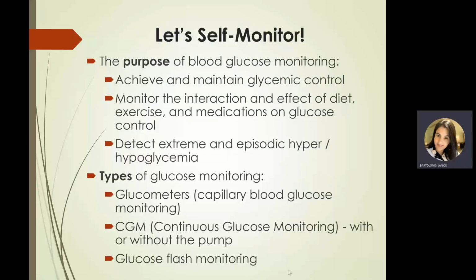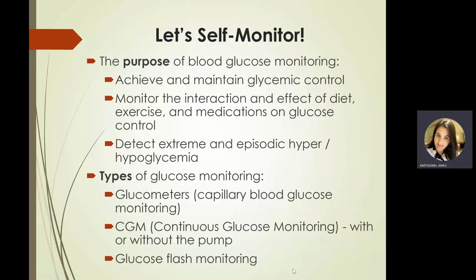Another important part is letting your client know how to self-monitor and why it is so important. Let the client know, hey, you need to know what your glucose level is every day. Knowing glucose levels tells the client how controlled they are, and knowing that, you can make adjustments.